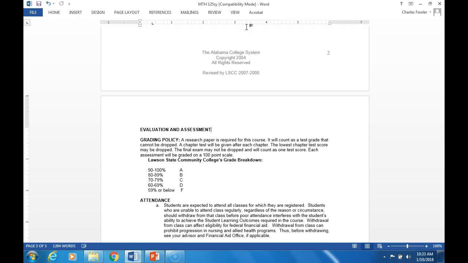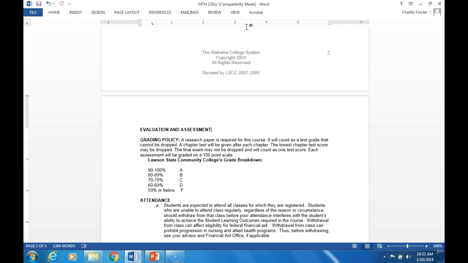So a D is going to hurt you. But not only that, Lawson will not give you credit for the course. Even though it's passing, you don't get credit for it. You can't transfer it. No school will transfer the Ds, so we don't give you credit. You have to retake it to fulfill your graduation. So a D, an F, or a W all has you repeating the course.